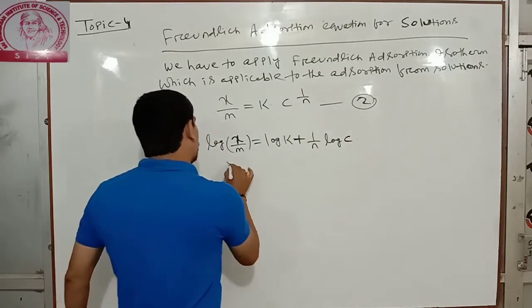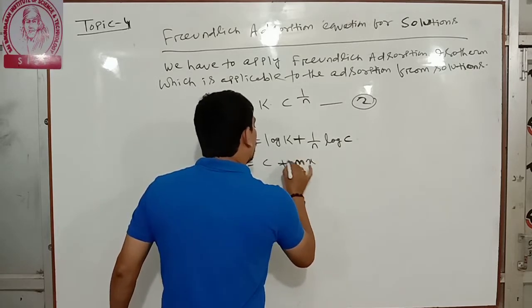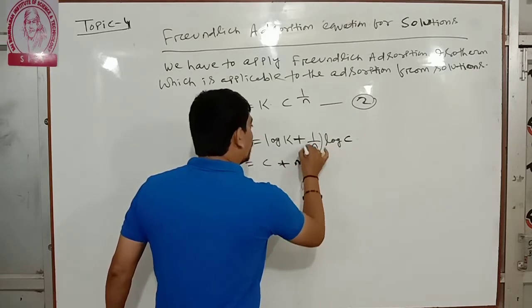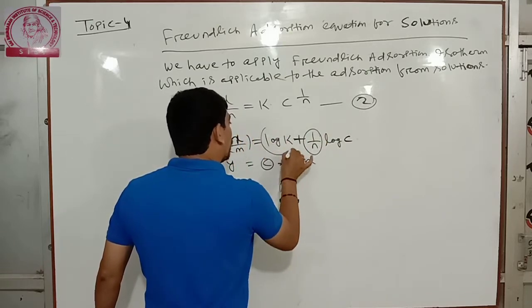Here also we can take y equal to c plus mx. m is 1 by n, c equal to log k.